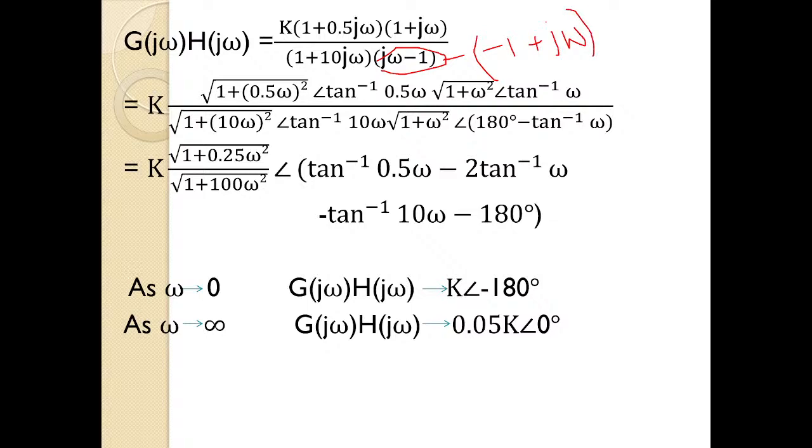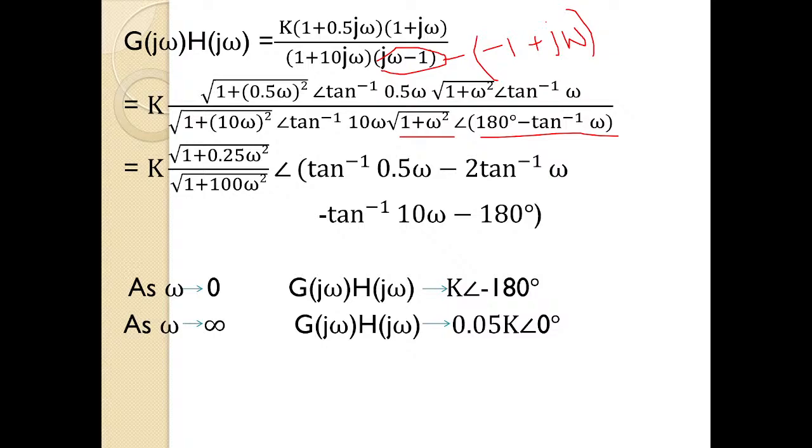So the magnitude is the root of minus 1 square plus omega square, which is the root of 1 square plus omega square, and since it is minus 1 plus j omega, the phase angle is 180 minus tan inverse of omega by 1. Okay, so see here, since it is minus 1 plus j omega, you will get 180 minus tan inverse of omega.